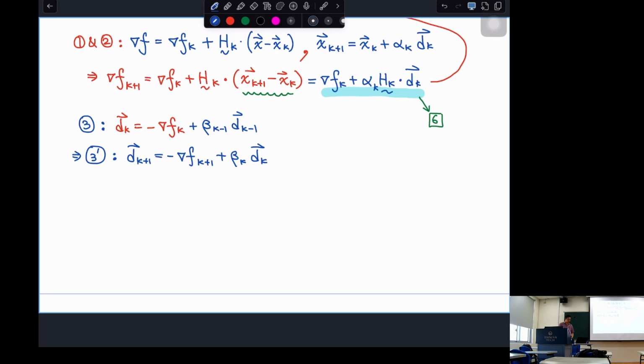We're going to post multiply Hessian k dk. Okay, let's do that and let's see what's going to happen. So what does post multiply mean? That means we're going to do this.